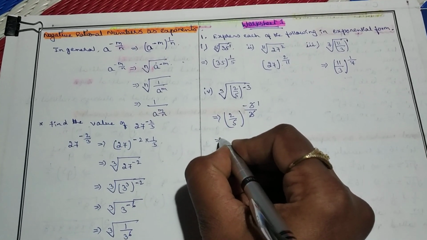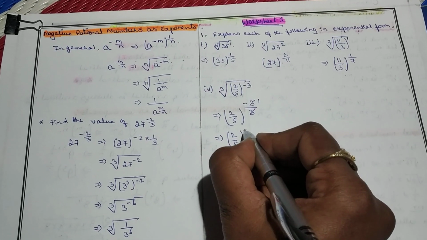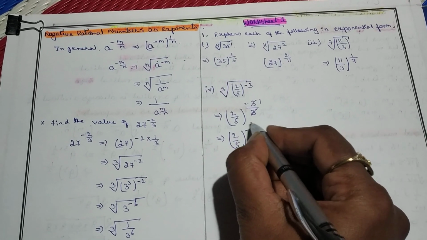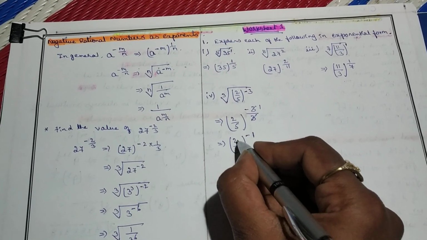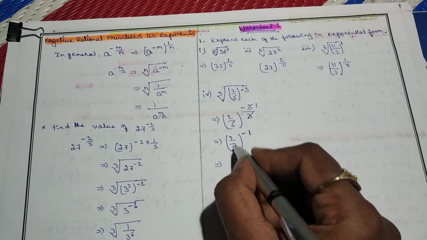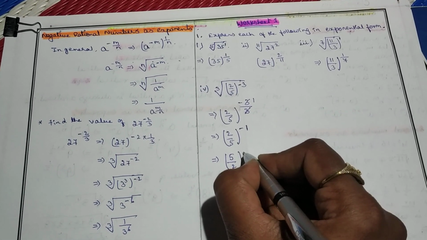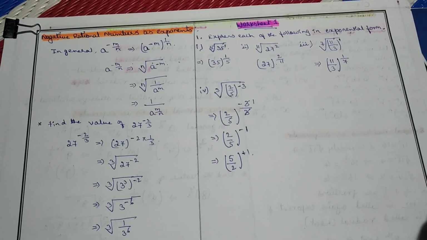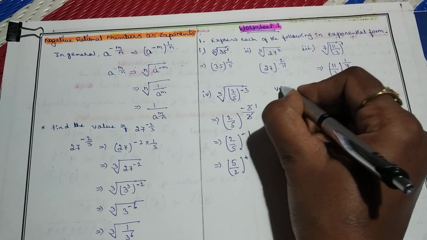Then I can write it as 2 by 5 whole to the power of minus 1. If you want the exponential to be positive, then take the reciprocal of the base, which we learnt in class 7. That is, 2 by 5 can be written as 5 by 2, and automatically the power will turn positive. That is positive exponential.